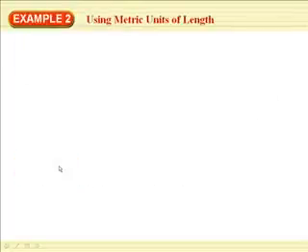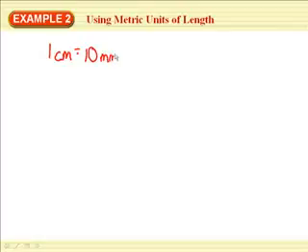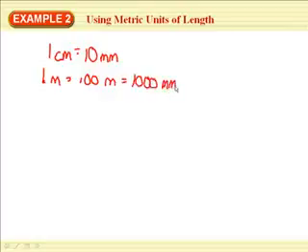All right, example 2, using metric units of length. We've talked about the metric ones, the centimeters and the millimeters. Probably should write those on the top of page 60. I should have written those back in your vocabulary, so add these to your vocabulary. 1 centimeter equals 10 millimeters. 1 meter equals 100 centimeters, or 1,000 millimeters.